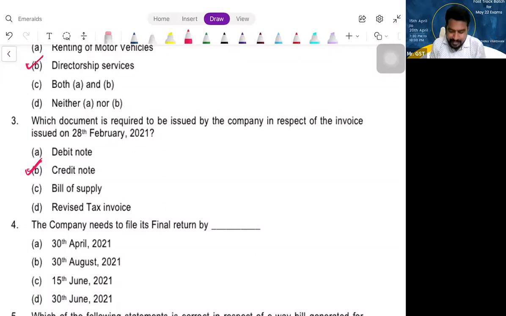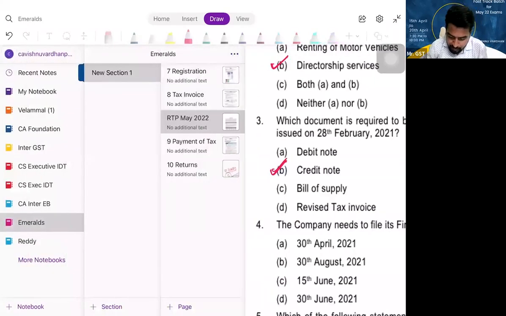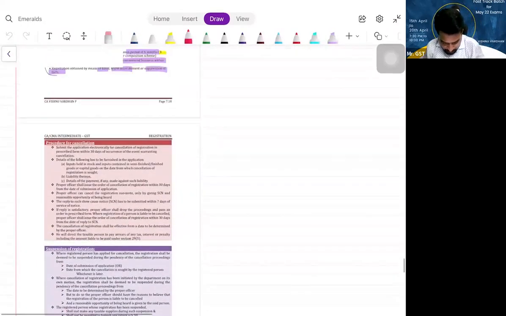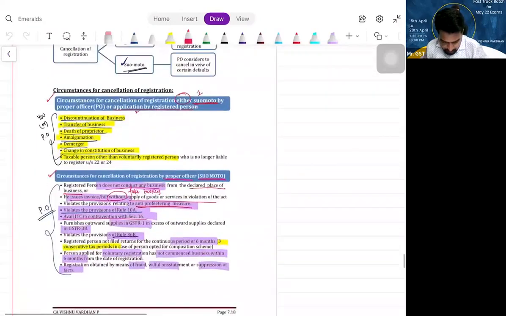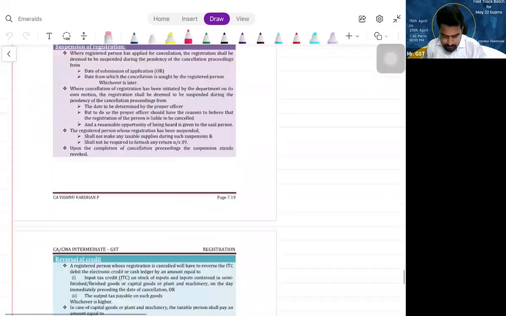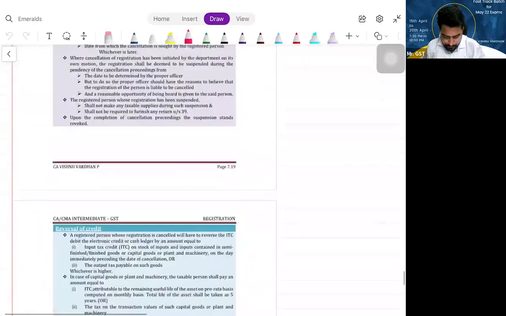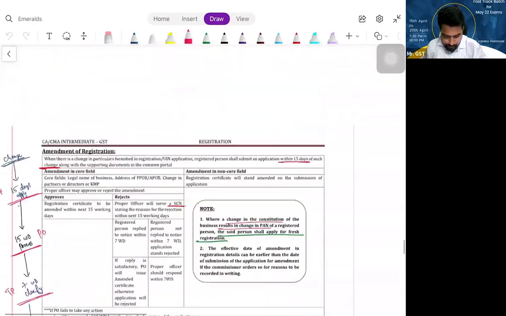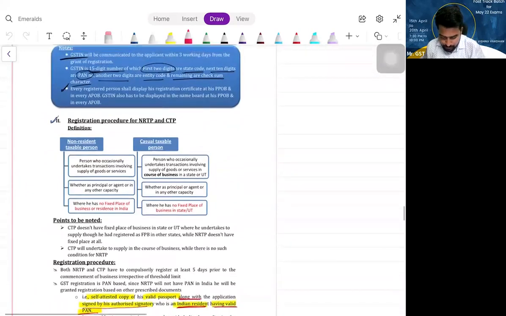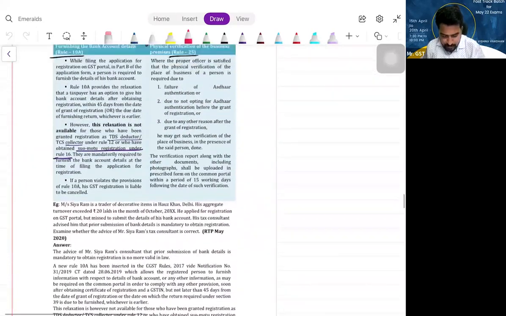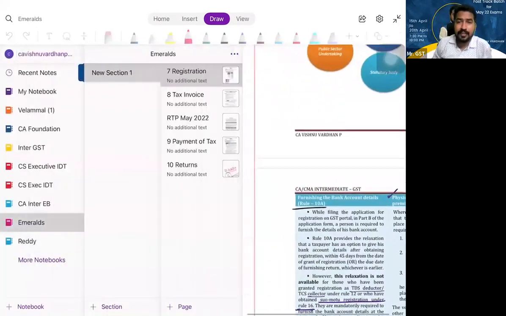Right, it is 3 months, not 30 days. If there were no option given, we would do the same. The final return is within 3 months. If you see whatever we have discussed here, the final return, GSTR-10, yes, sir.